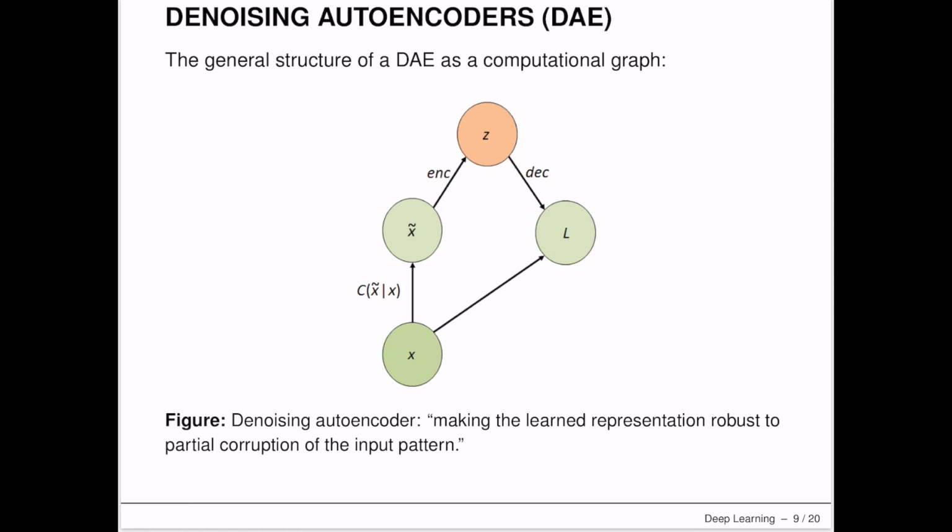And the loss function also gets x, our original input point, as input, because it compares the reconstruction and the original input point.